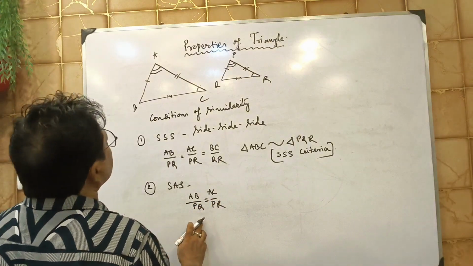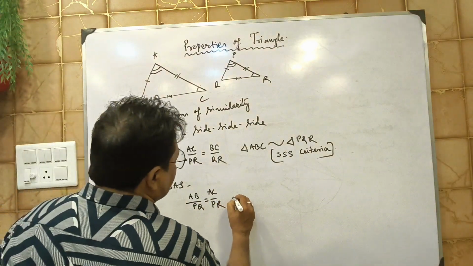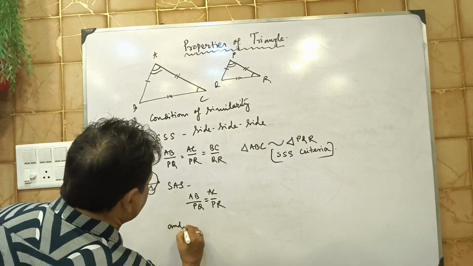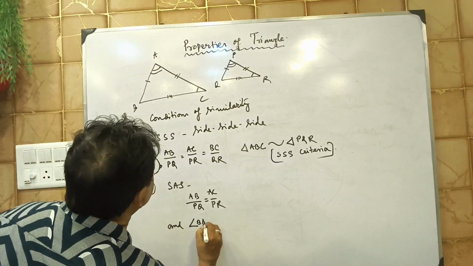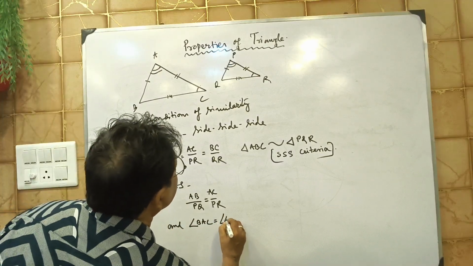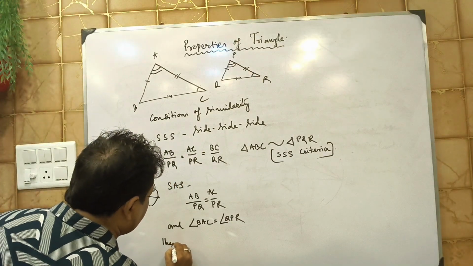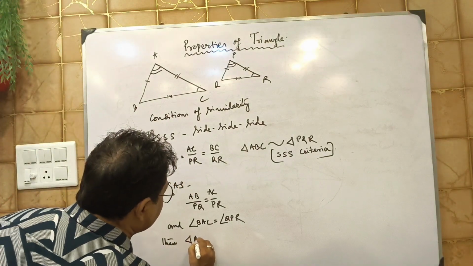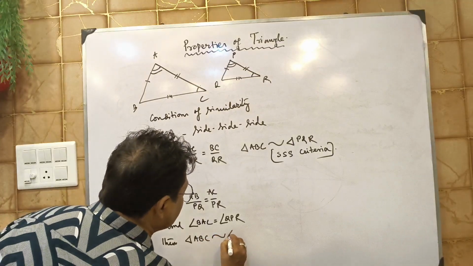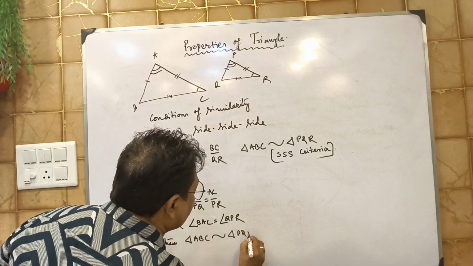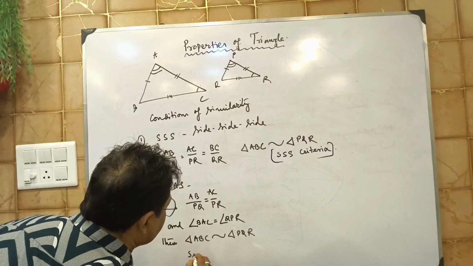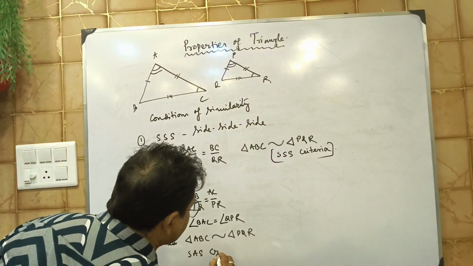AB by PQ is equal to AC by PR and angle BAC equal to angle QPR. Then we can write that triangle ABC similar to triangle PQR and write here side angle side criteria.